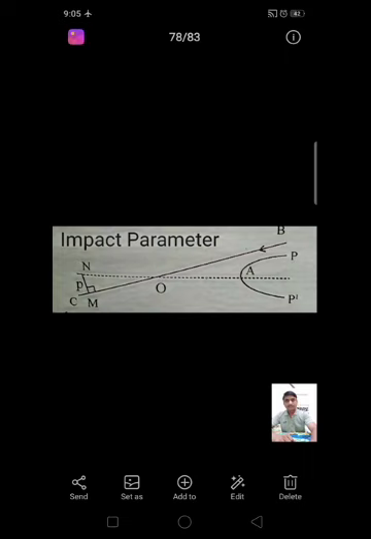So it is a distance. Before that, let us see Rutherford alpha particle scattering, which is shown on the screen.